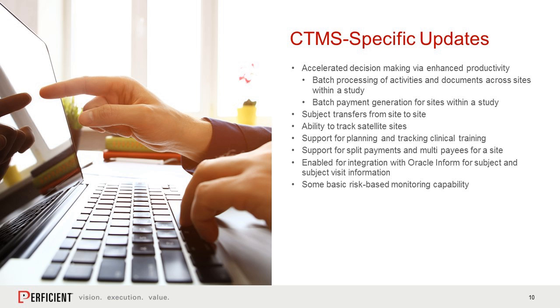So one area is batch processing of activities and documents across the site within a study. This allows users at the study level to create these records and select multiple sites to then auto-create documents and activities for, without having to go down to each individual site.